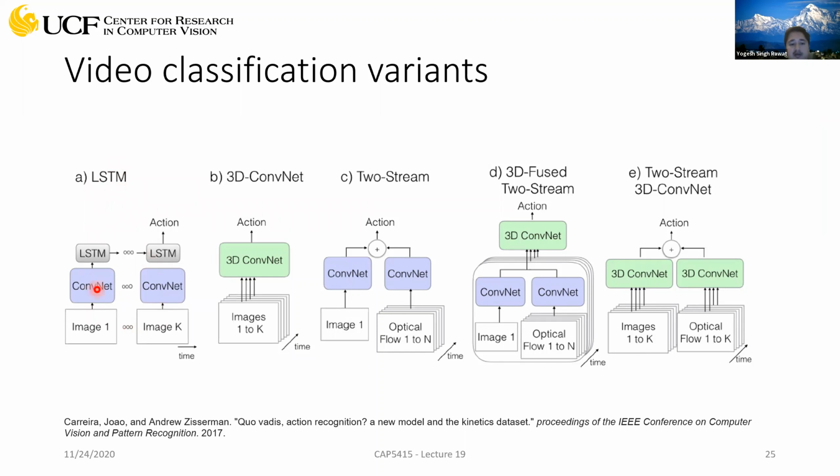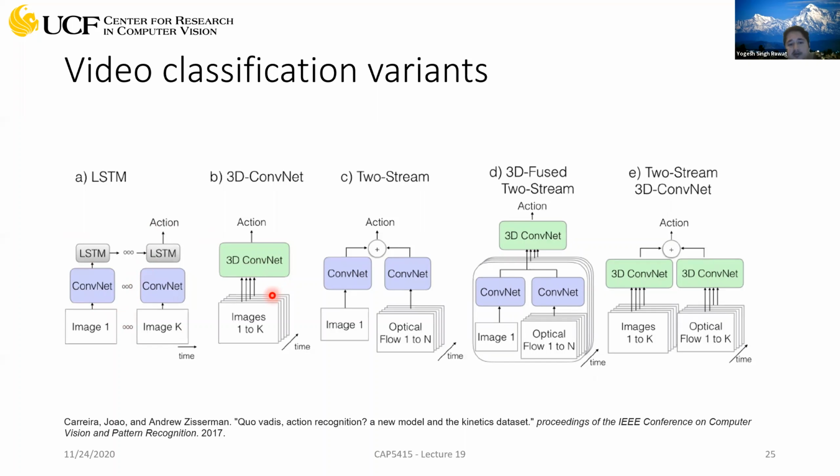The idea here is you take your sequence of images and at each time step, you pass your image to a ConvNet to extract the features and send those features to this LSTM. You do that in the temporal extent repetitively in a recurrent way, and at the end, this recurrent network will give you the action class. So that's one variant. Don't worry about this, we are going to talk about this in detail.